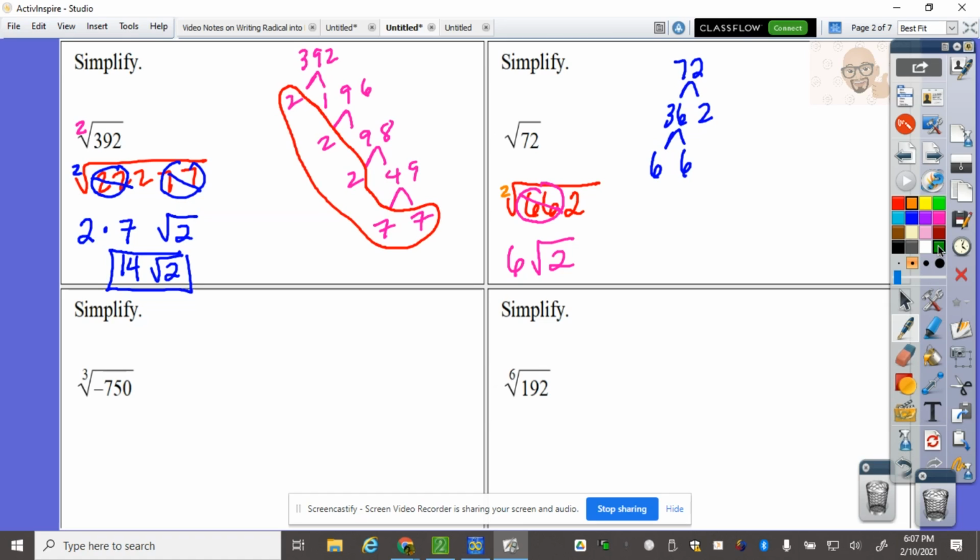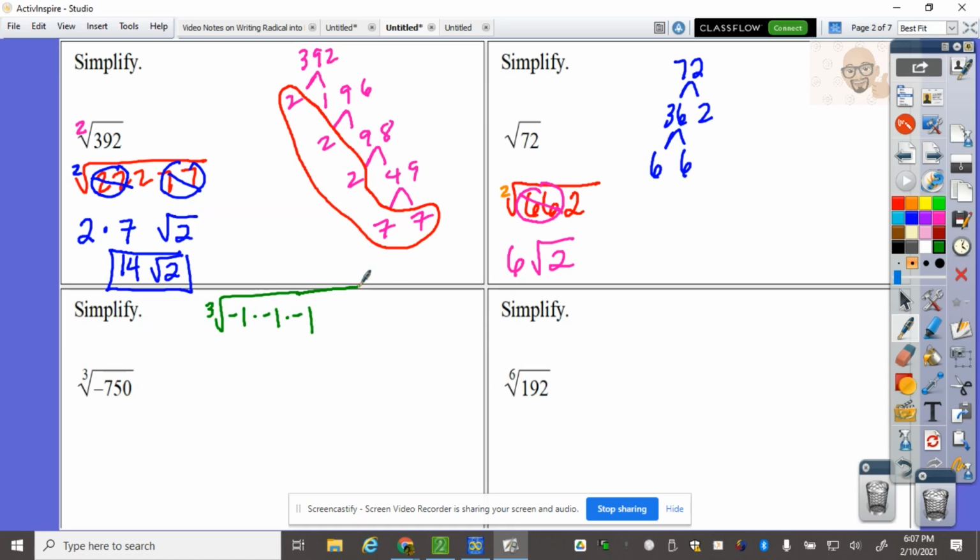Let's look at the next one here in the lower left, which is a cube root. That means there should be 3 things in a group. First thing you have to understand here is that you have a negative. Negative 1 times negative 1 times negative 1 will always give 3 negatives there.